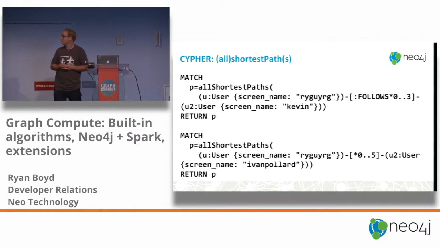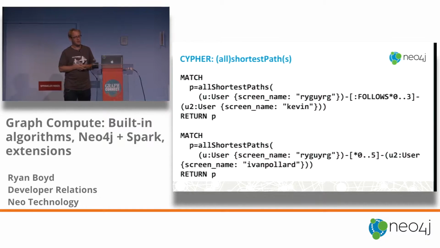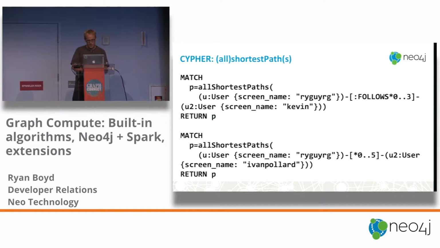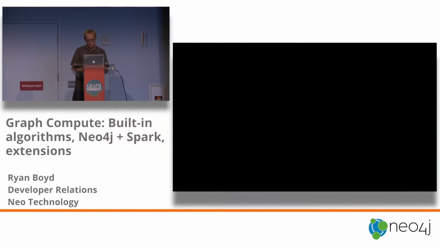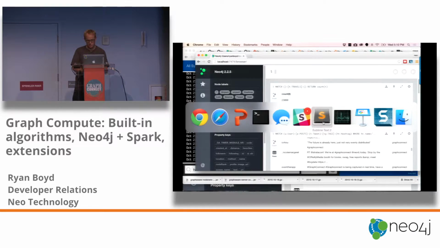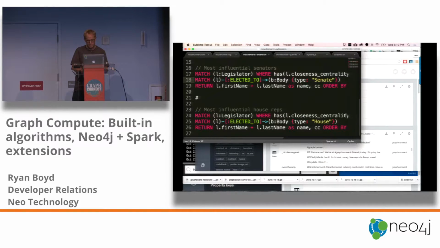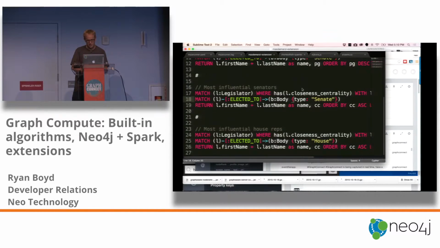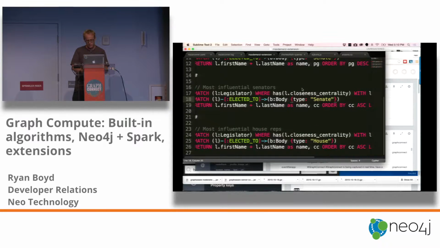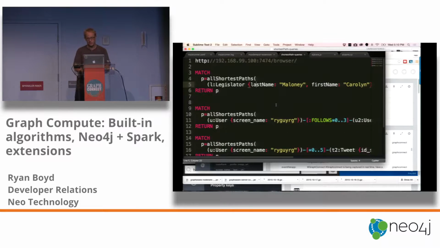All right, so the first queries here are shortest path queries, and I'm going to jump over into my browser here. I have multiple Neo4j servers running here, and with some of these I have loaded in a lot more than just my tweets and the tweets around it.